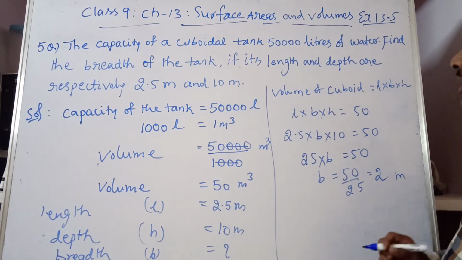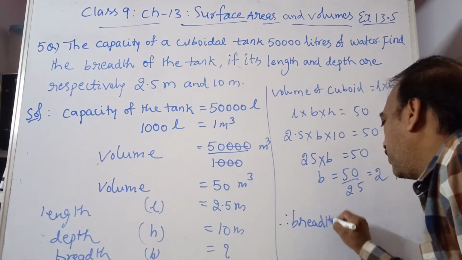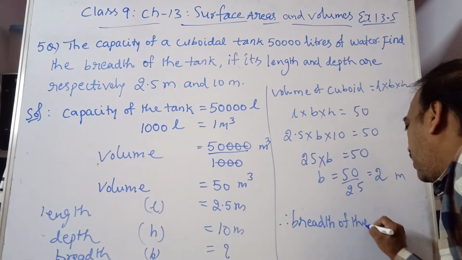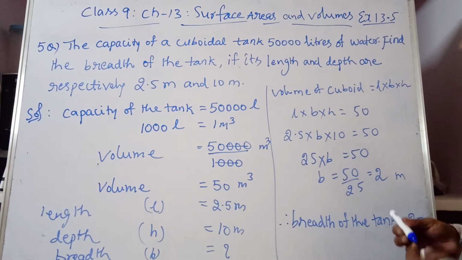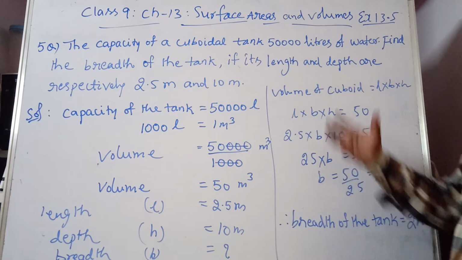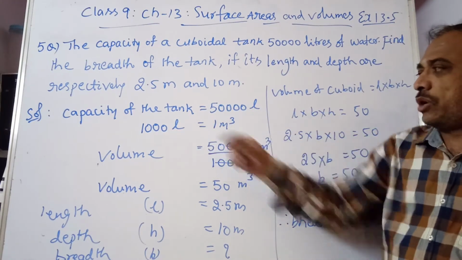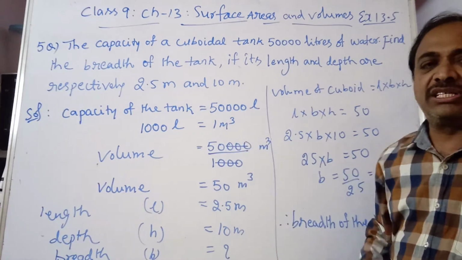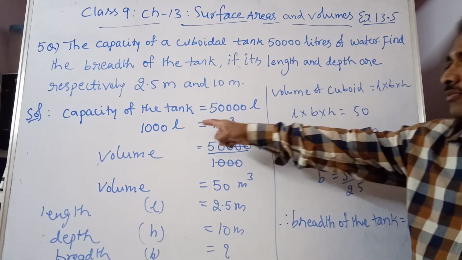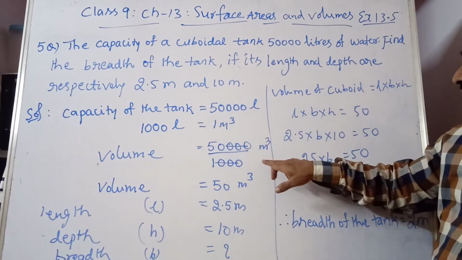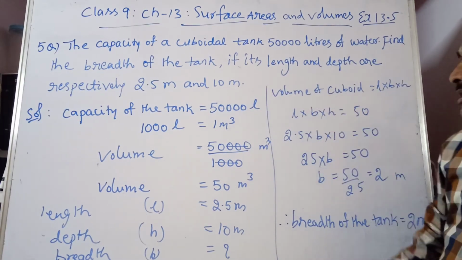Therefore, the breadth of the tank is equal to 2 meters. What are we doing here? We are converting the capacity into the volume. 1 meter cube is equal to 1000 liters, so if you divide 50,000 liters by 1000 liters, we get the volume in meter cube, as the units are given in meters.